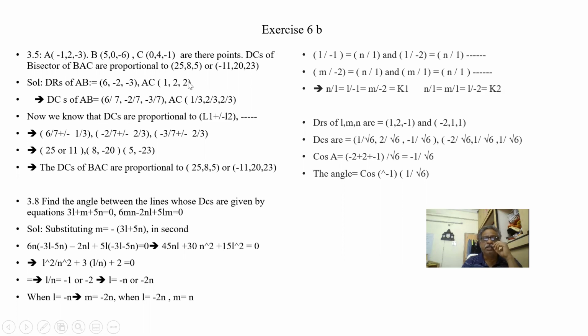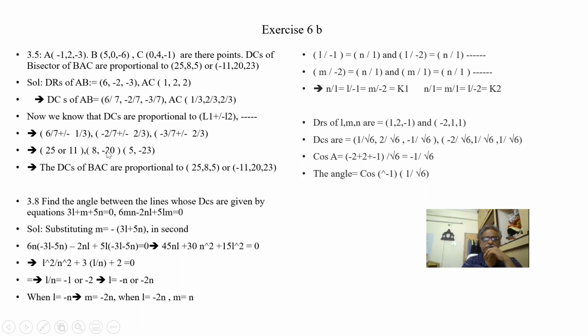So now we know the DCs of the BAC bisector are either L1 plus L2 or L1 minus L2. So 6 by 7 plus 1 by 3 will become 25. 6 by 7 minus 1 by 3 will become minus 11. So minus 2 by 7 plus 2 by 3 will become 8.